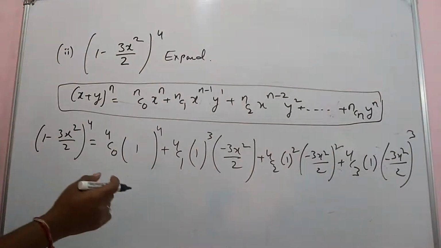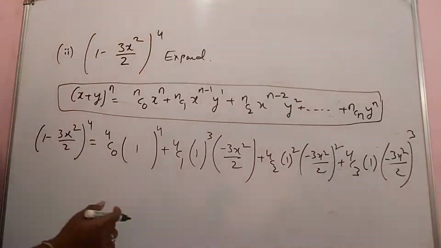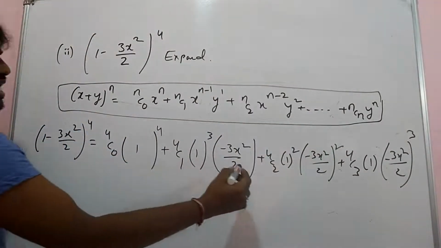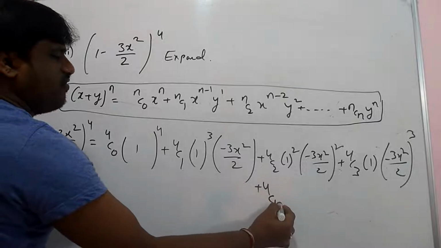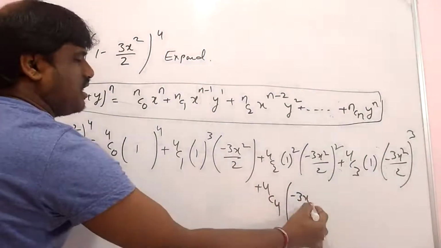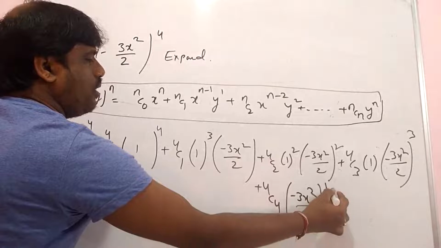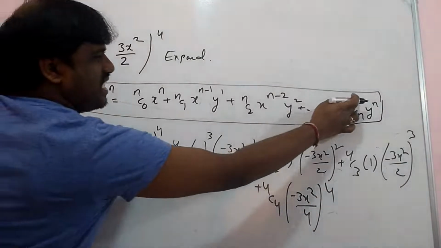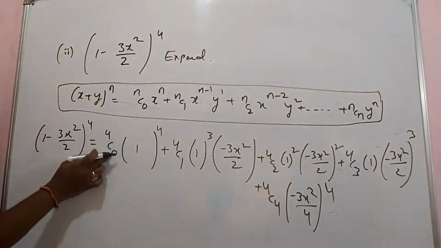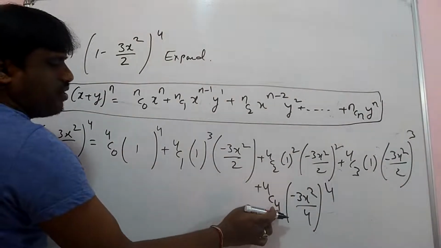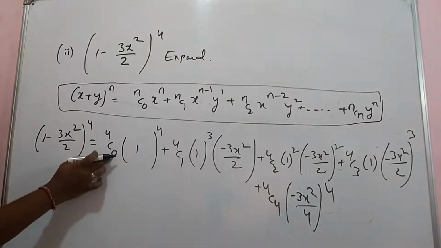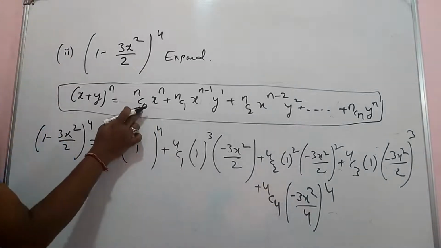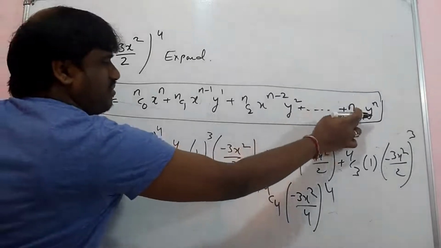As the power of x decreases, the power of y increases, and the last term will be 4C4, minus 3x square by 2 whole power 4. You know that we begin with nC0 and end with nCn. 4C0 we begin, 4C4 we end.